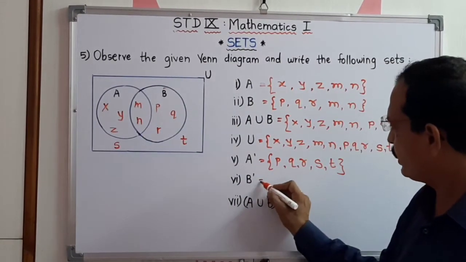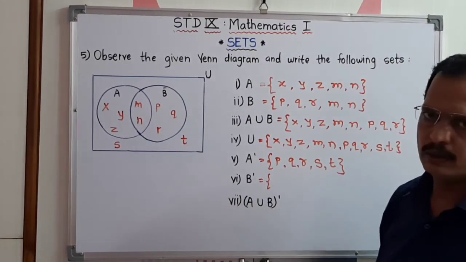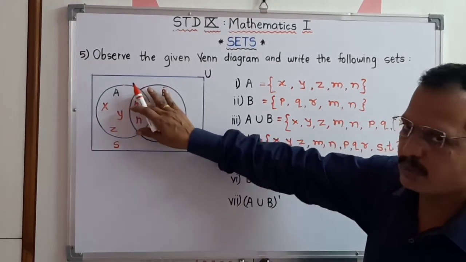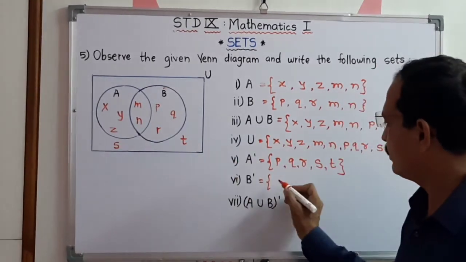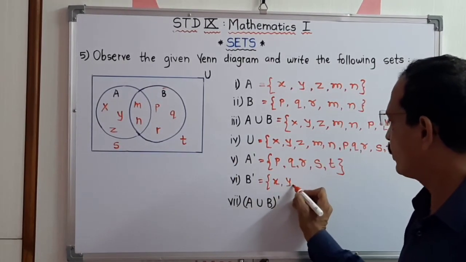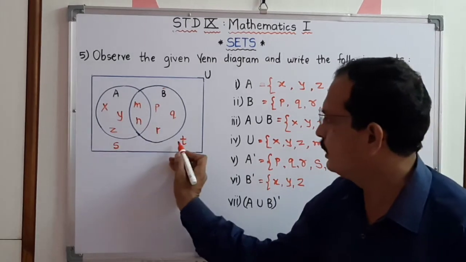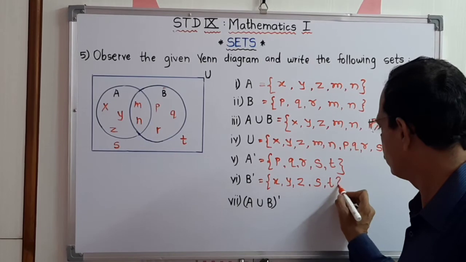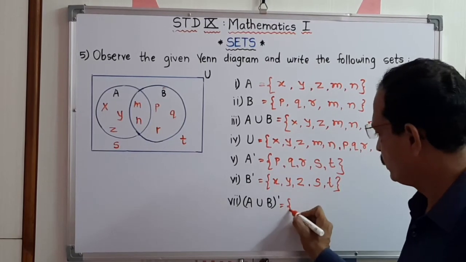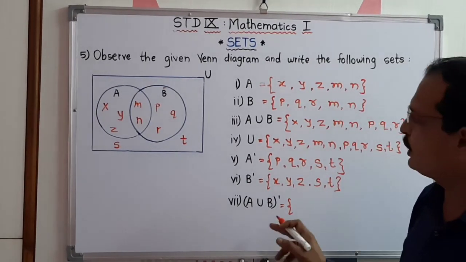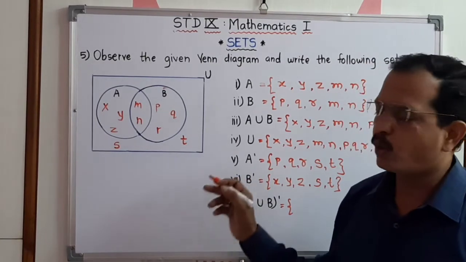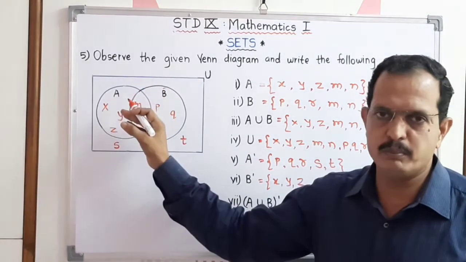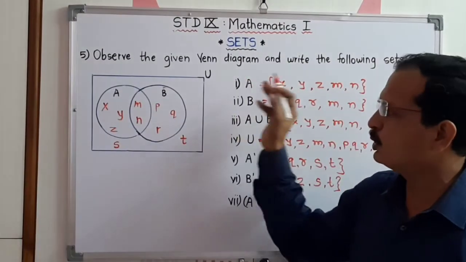Now in the same way we have to write the B complement. While writing the B complement, we do not write the elements of set B. We have to write the rest of the elements, that is x, y, z, then S and T. Now the next one is the complement of A union B. The complement of A union B means we do not write the elements of A union B, but all remaining elements from the universal set.